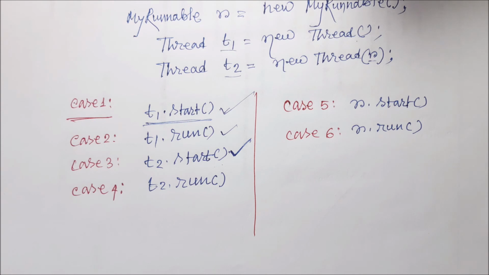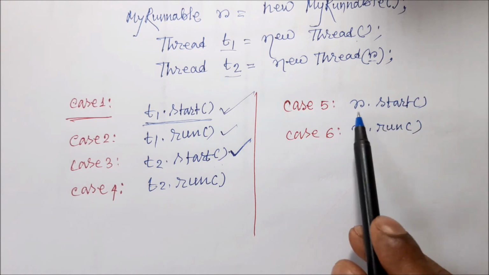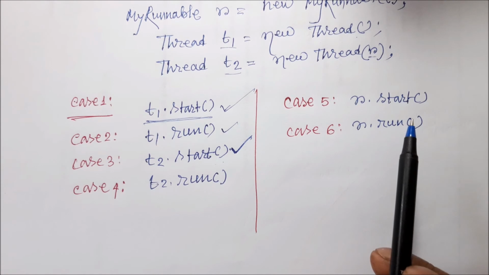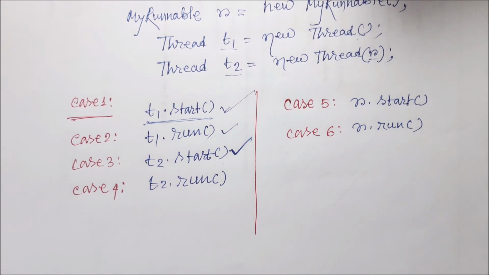Now move to the next case, case 5. If I call r.start method, that means t2.start is already called, and after that if I call the start method again, what will happen? A thread is already created, and if I call the start method again, it does not mean that a new thread will be created.